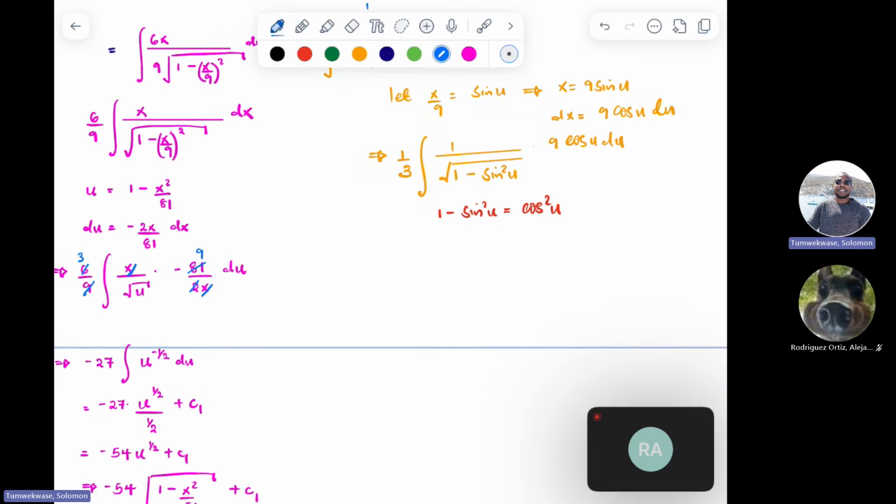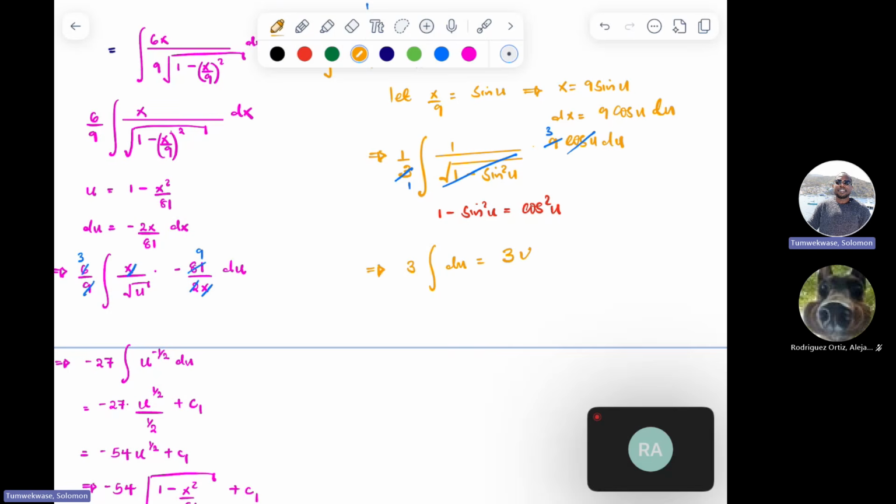And therefore, that cos u cancels with that cos u up there. So what I remain with is 1/3 integral. In fact, there is a 9. So 9 by 3, 1 by 3, 3. So what I remain with is just 3 integral of du.